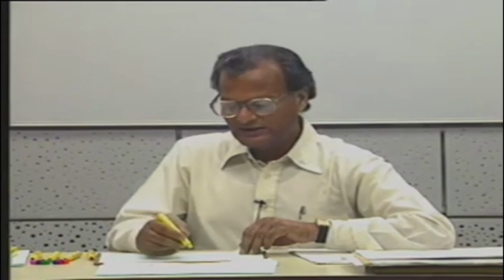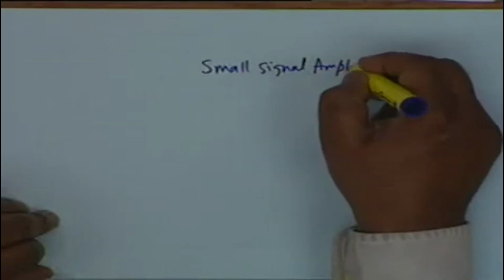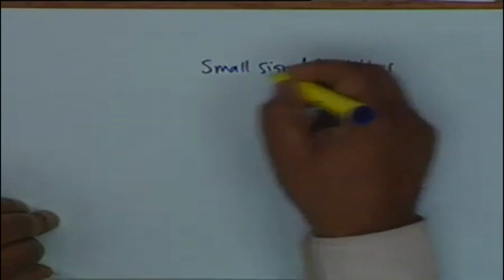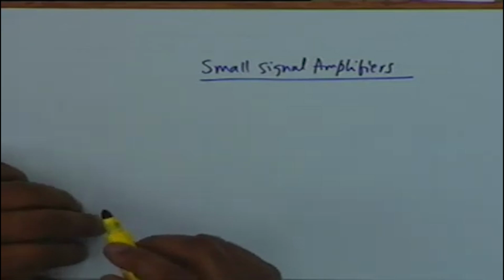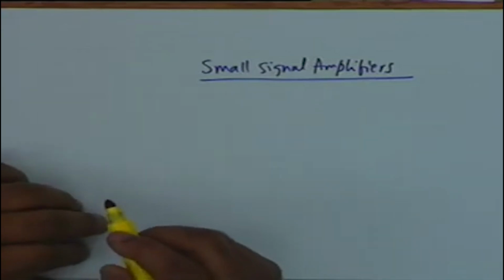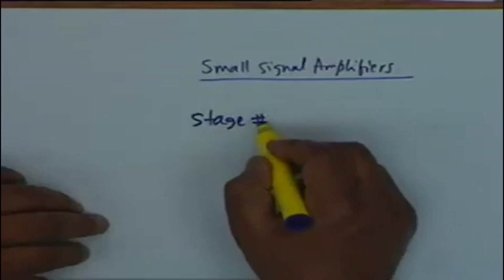All right, this is the model that we are now going to utilize to analyze small signal amplifiers, and we shall introduce a couple of terms in this connection and then leave it for tomorrow's class. A small signal amplifier usually is classified according to the coupling that one makes from one stage to another.